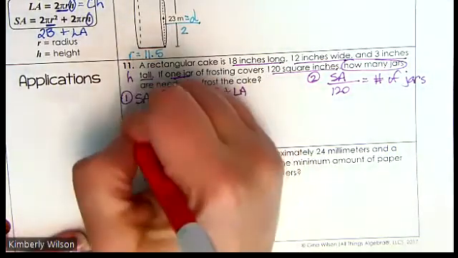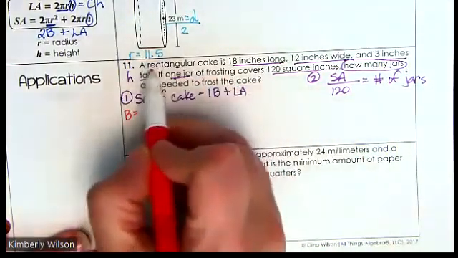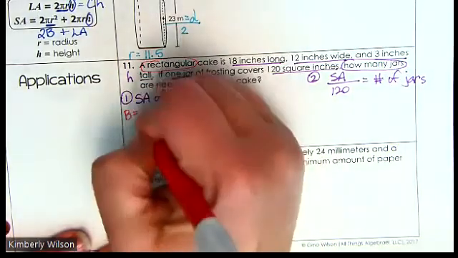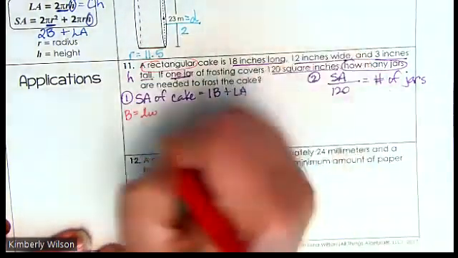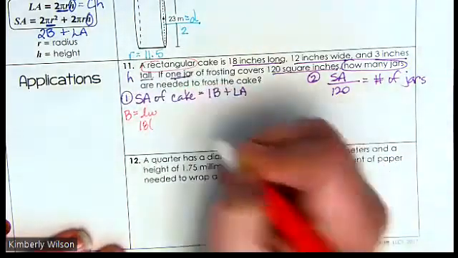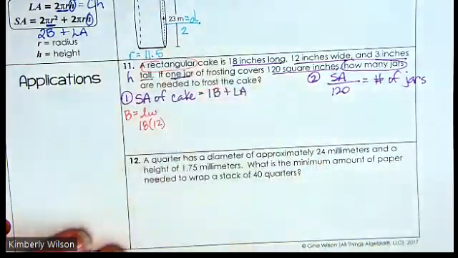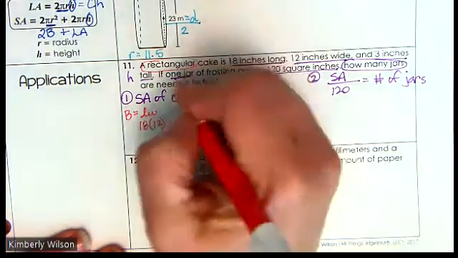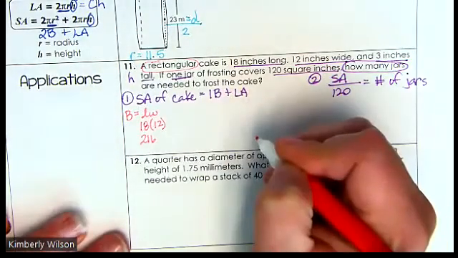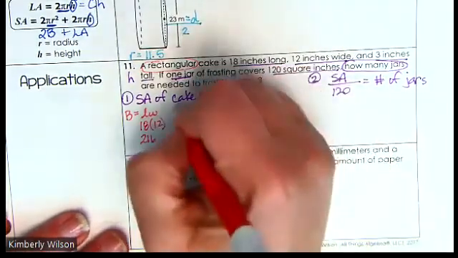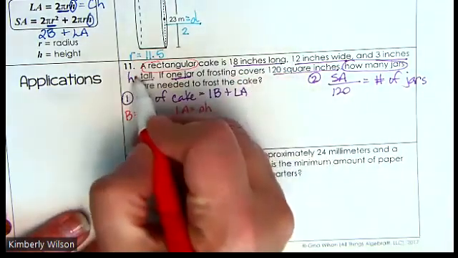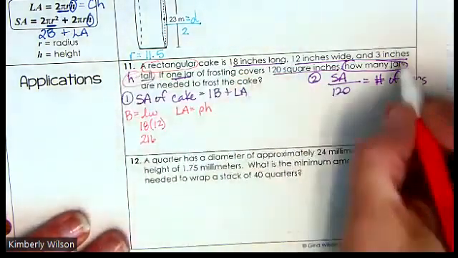Again, first step, I gotta find the B. It's a rectangular cake, so that's nice. It's not a triangle or a trapezoid. So we've got length times width. So that's going to be 18 times 12, which gives me 216. And then I've got to find the lateral area. So the lateral area is the perimeter times the height, which is going to be this tall. So that's going to be the 3 inches.